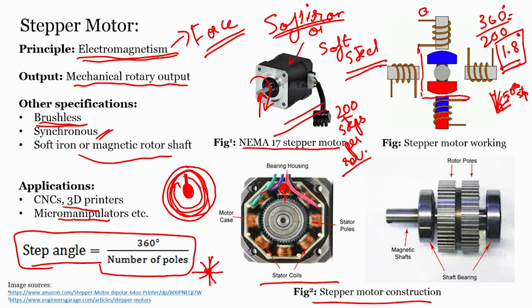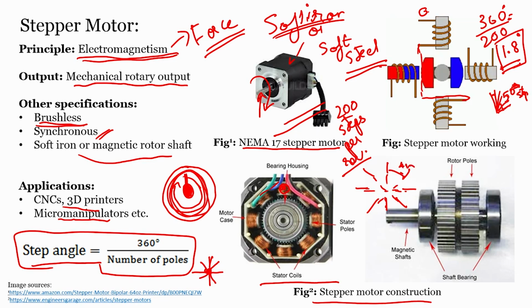So, more number of poles means we can create magnetic fields in that many directions, correct. If I have 4 poles like this, then I can create 1 magnetic field in this direction, 1 magnetic field in this direction. If I have 4 more poles, then I can create more, see. So, I can increase the steps.